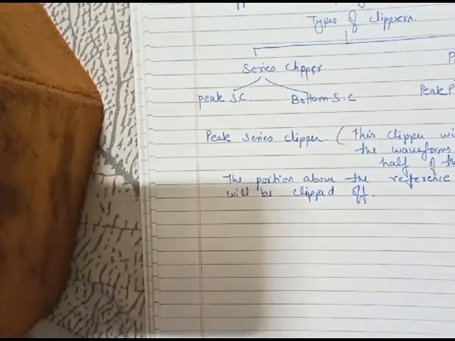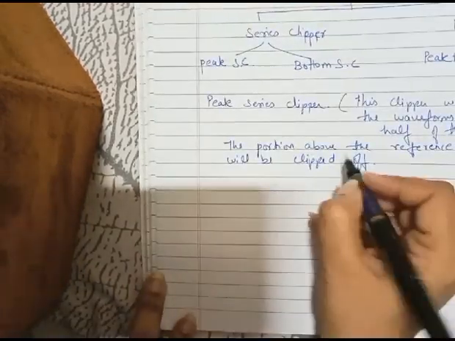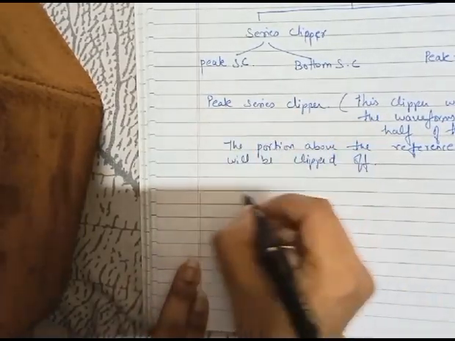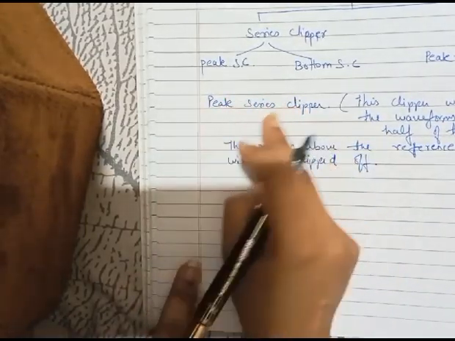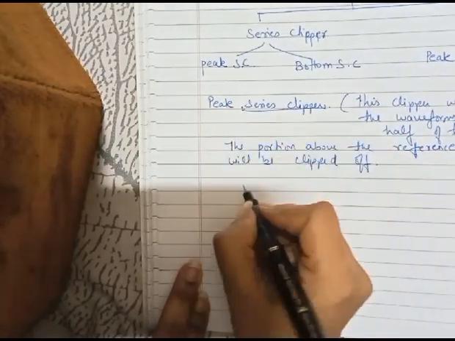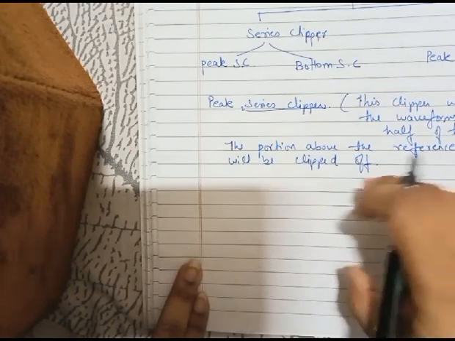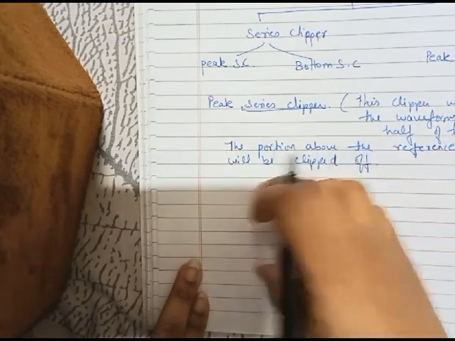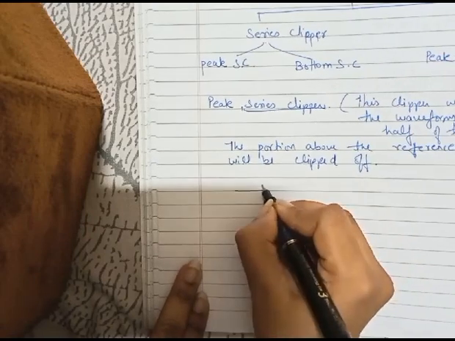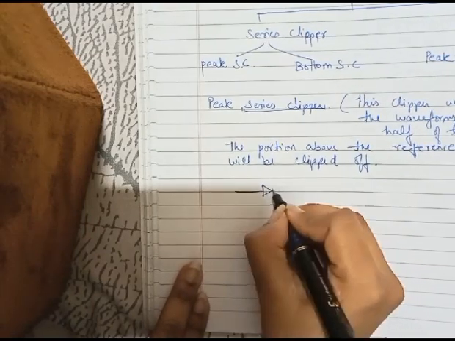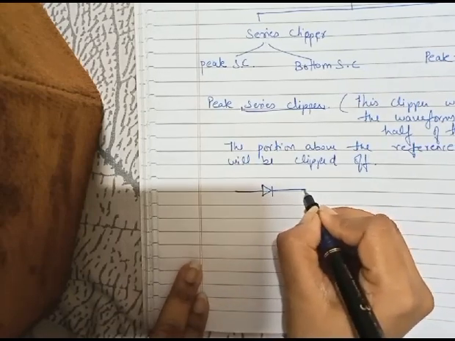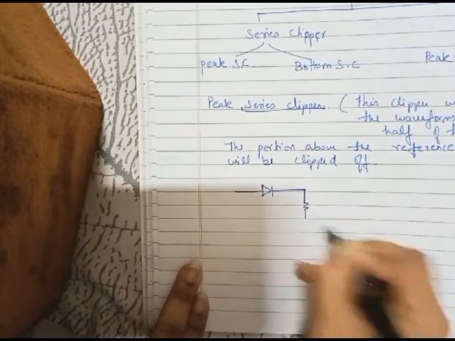Okay, now let's see the circuit. Peak series clipper. How do we define a series clipper? Series means the arrangement of the diode and the output voltage are in series. For example, let's see here, this is a diode and this is a resistance.